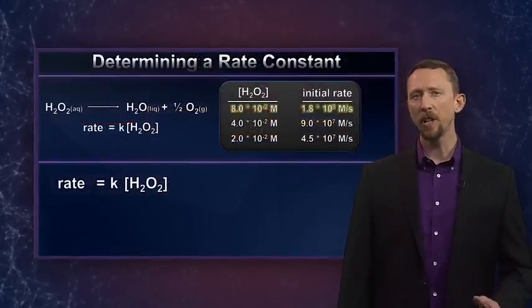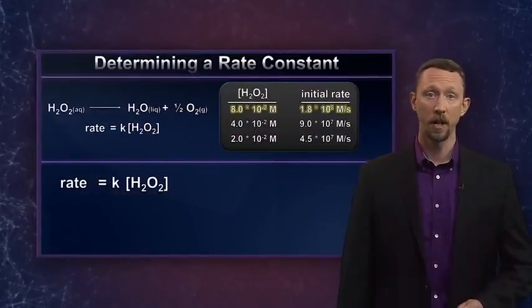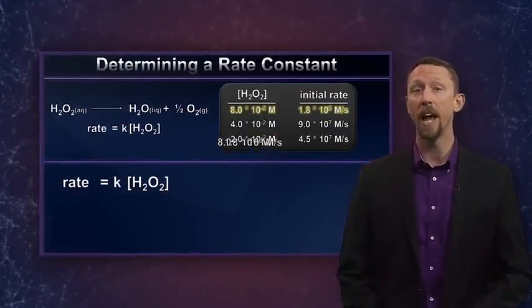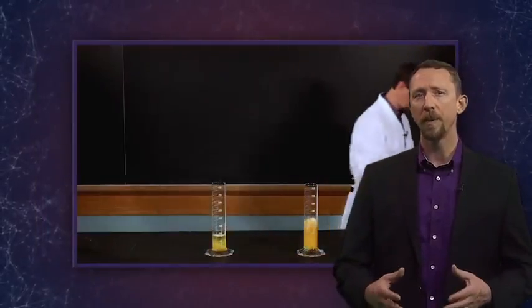Next, we took a look at those rate orders and applied them to mathematical equations called rate laws, which relate concentrations to rates using a proportionality constant known as the rate constant. We saw how researchers determine reaction orders and rate constants for simple reactions like the decomposition of hydrogen peroxide.